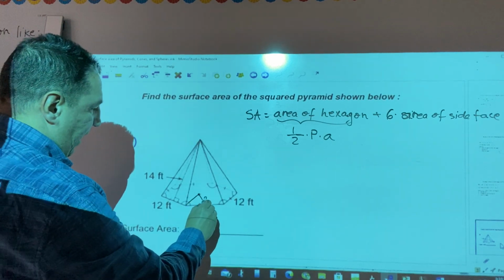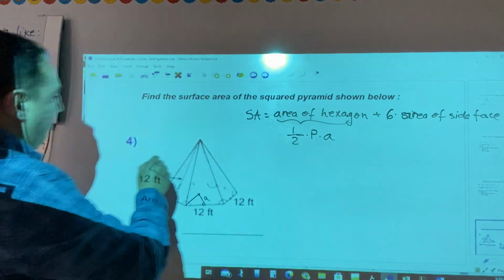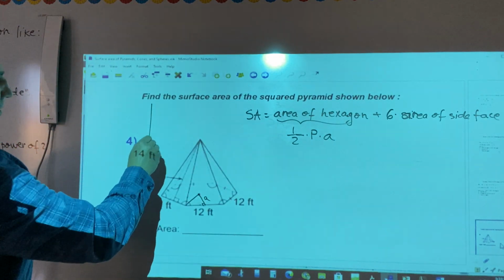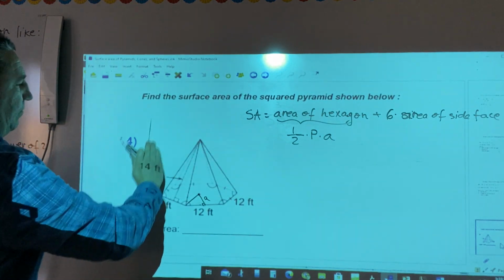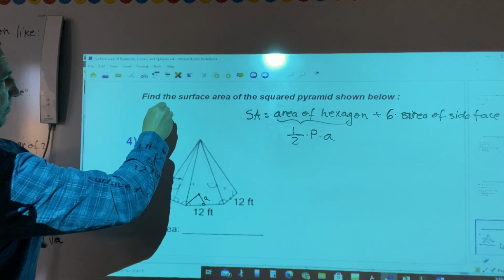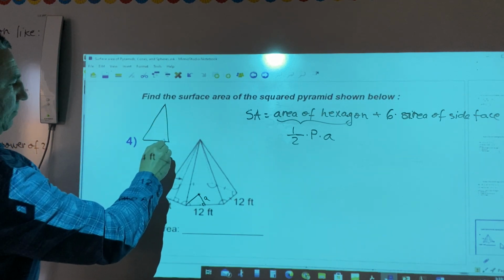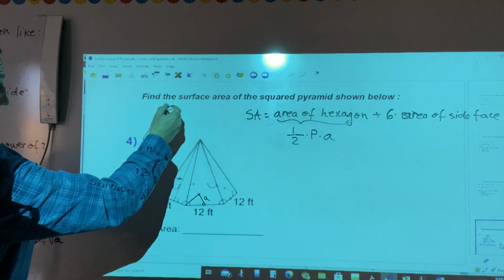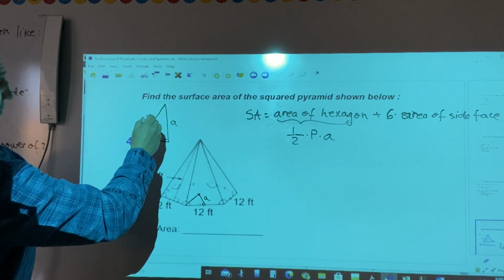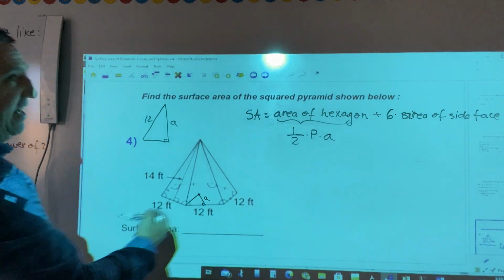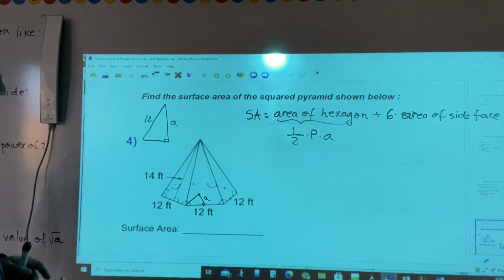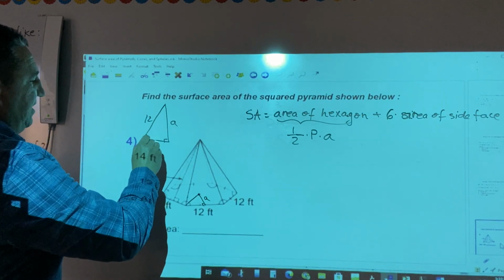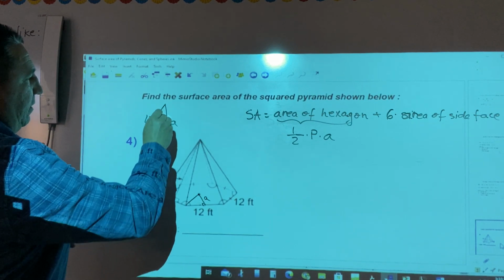So this is A. Where A is this one. This side is 12, the same as the length of the hexagon side, and this angle is 60 degrees, right?